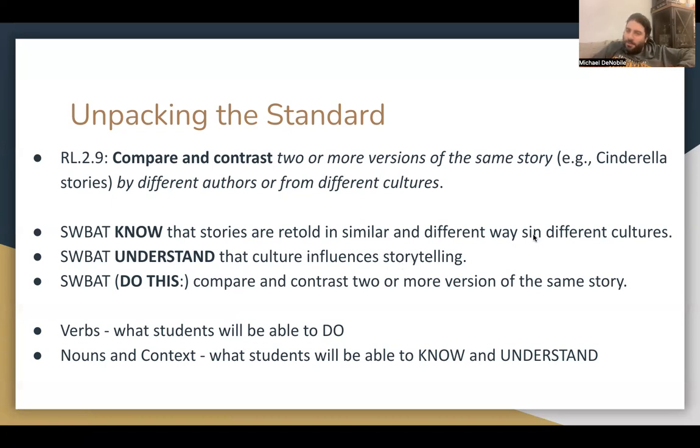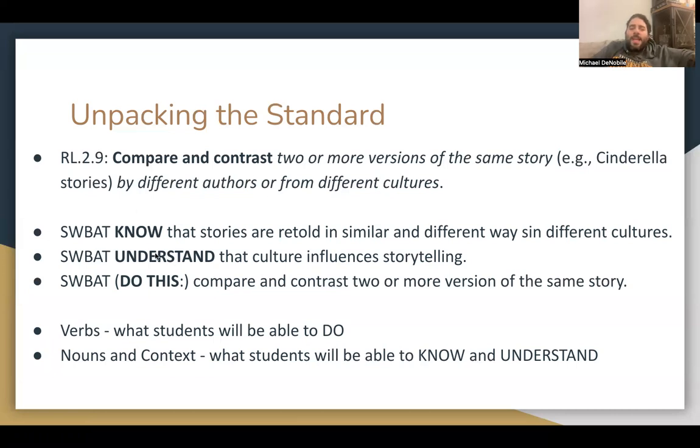In different cultures. And then students will be able to understand what's the context of this standard. That culture influences storytelling. That's the context of the standard.